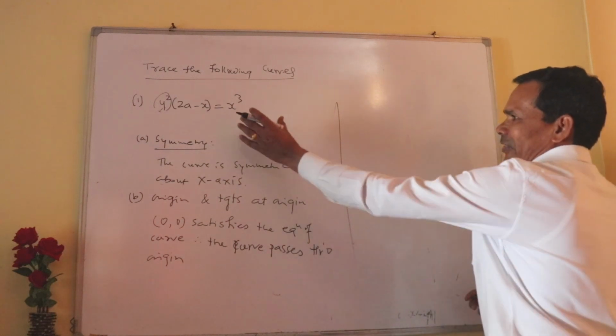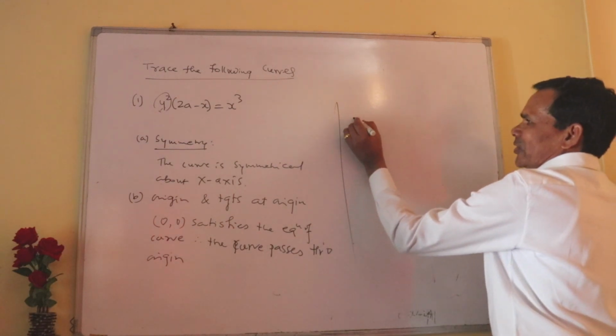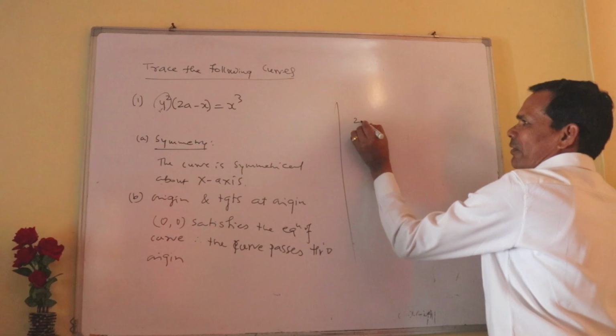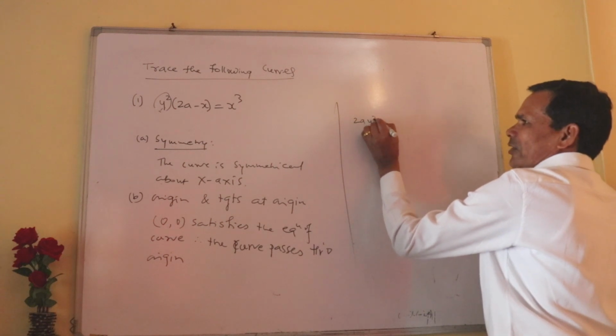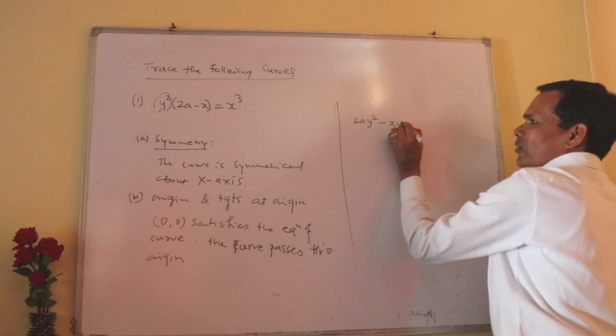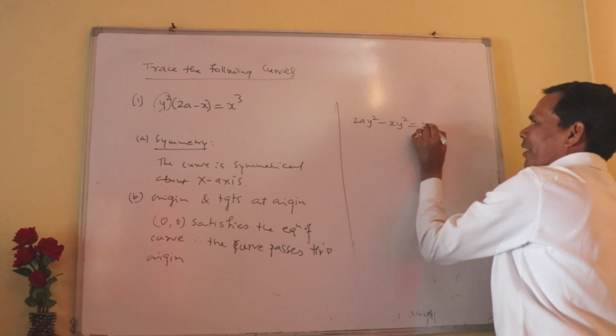I write the simplified form of the equation: 2a y square minus x y square is equal to x cube.